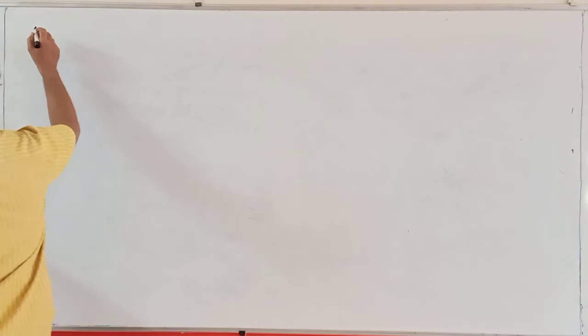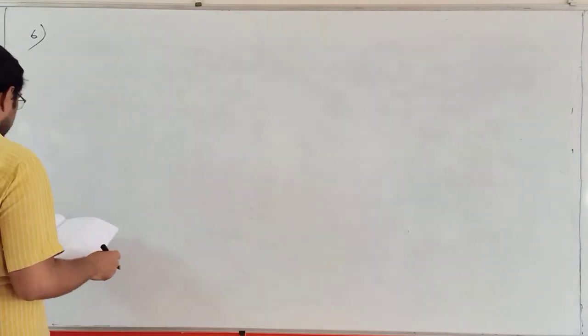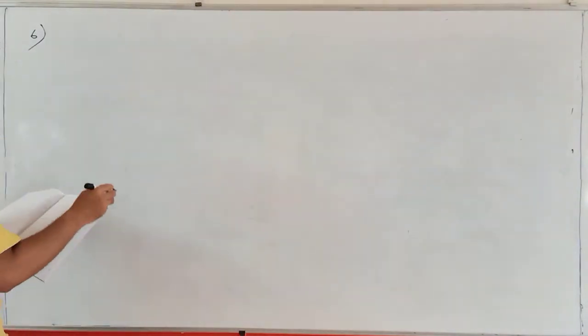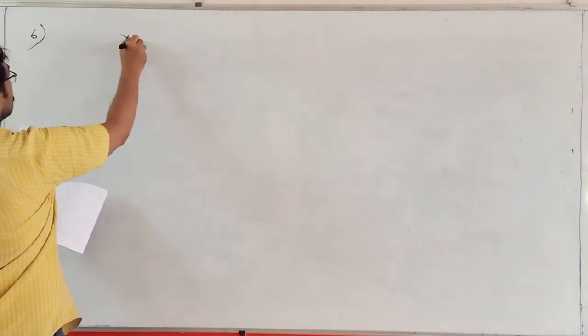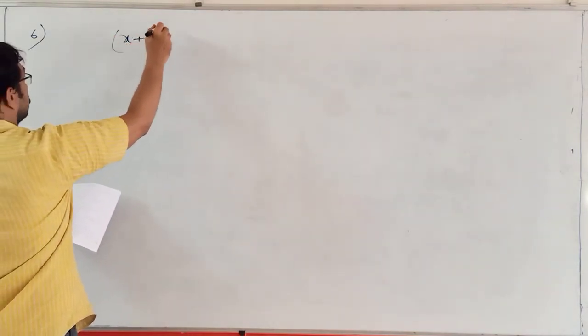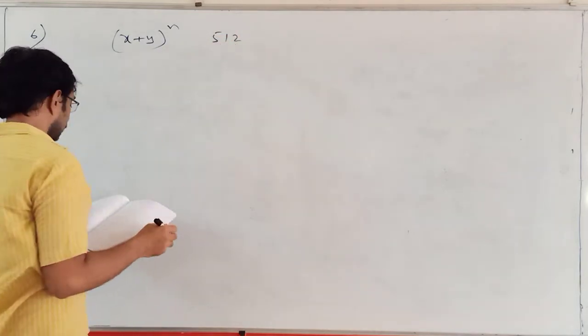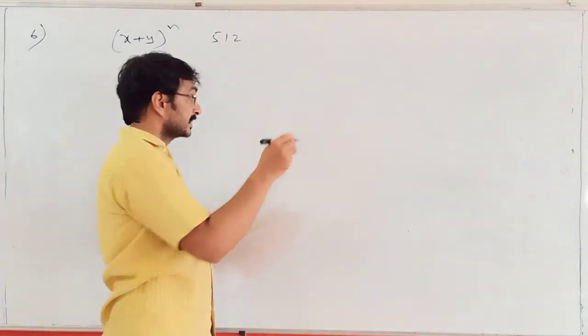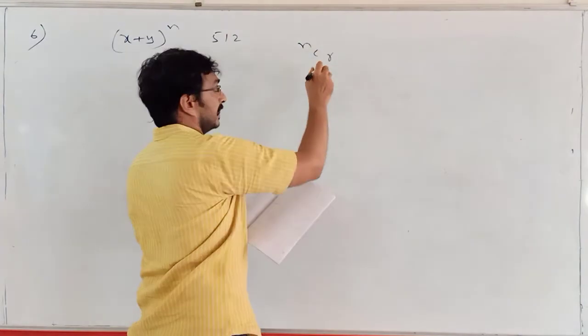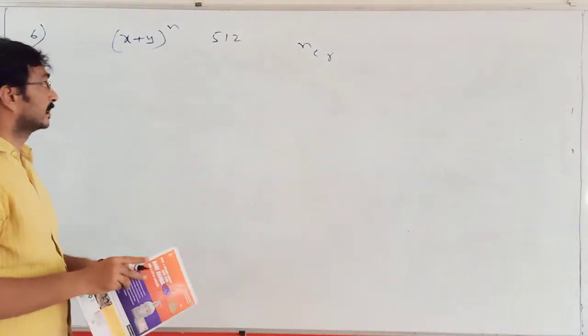Sixth one, see. The sum of the coefficients in (x + y)^n is 512. Then the greatest value of nCr. This point is very, very important.